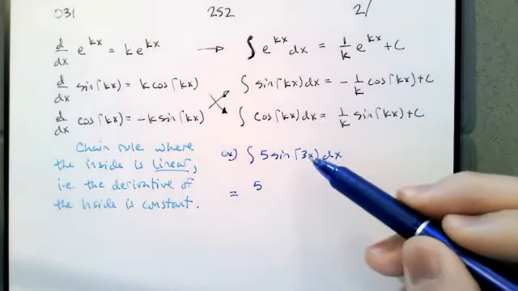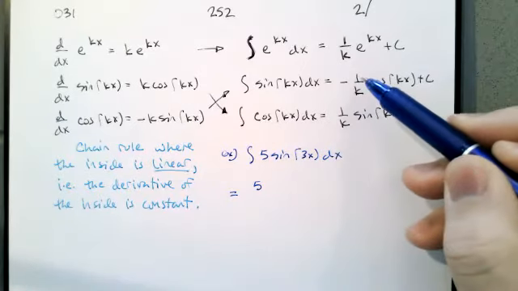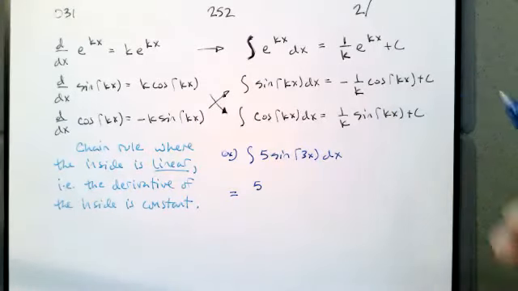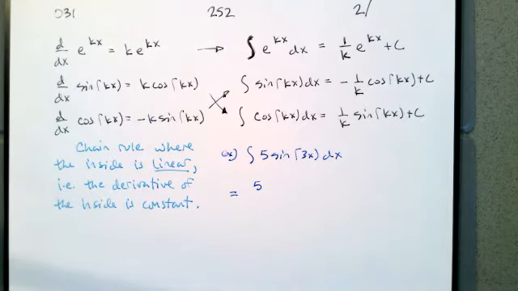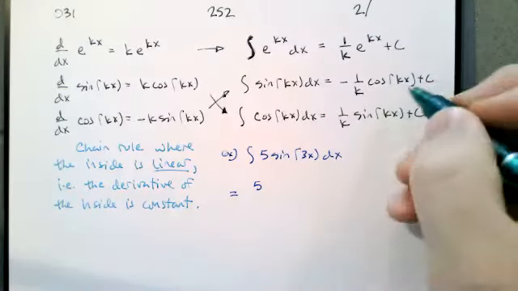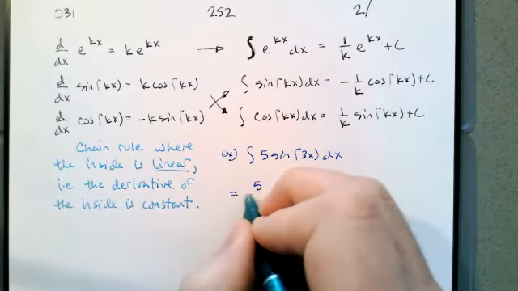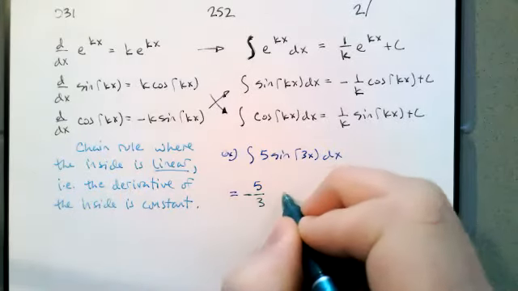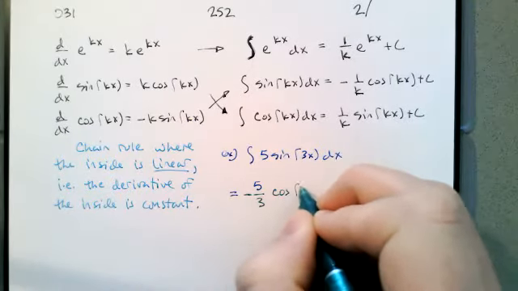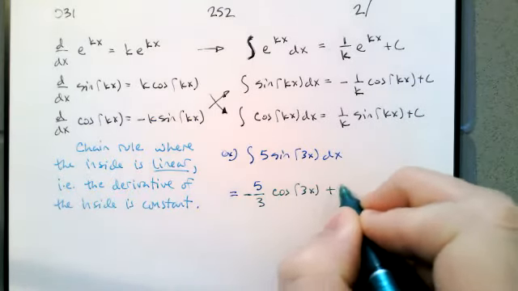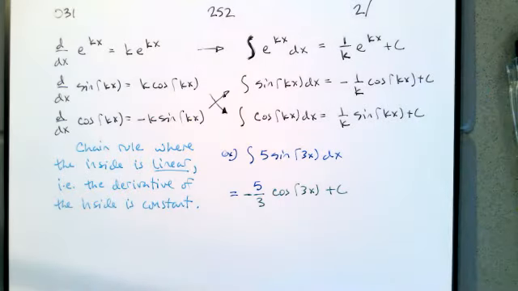The integral of sine of 3x is minus 1/3 cosine of 3x. So the antiderivative is minus 1/3 cosine of 3x plus c. The 5 is a constant multiple, it just gets carried along.